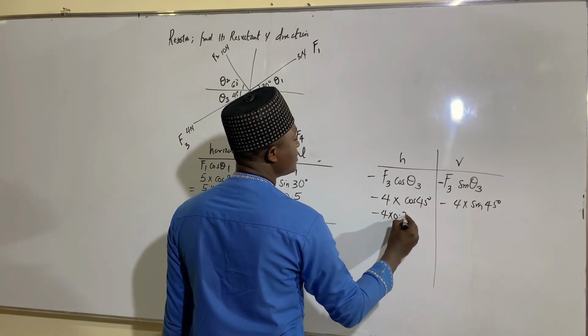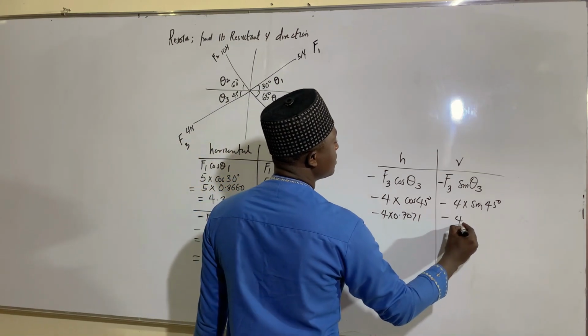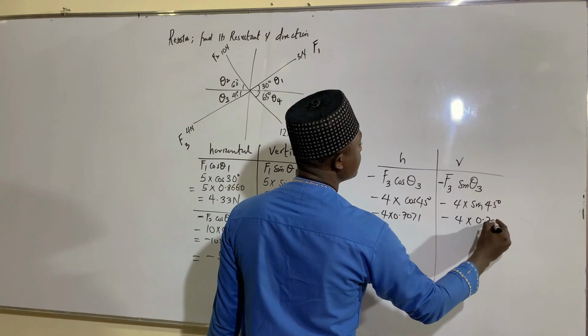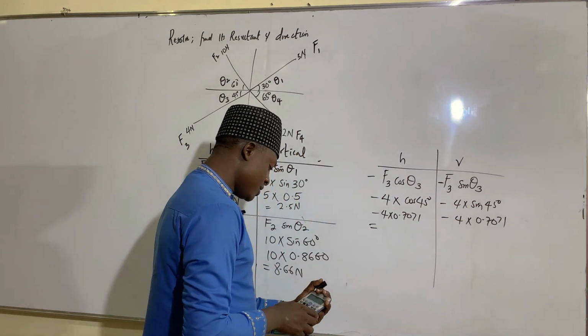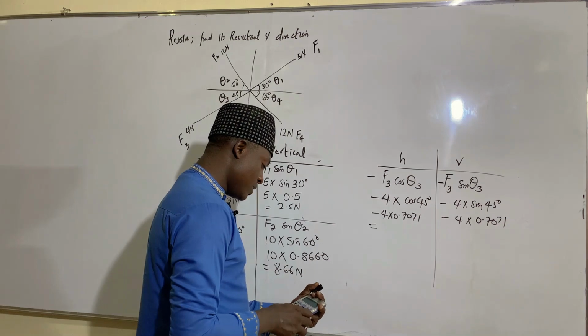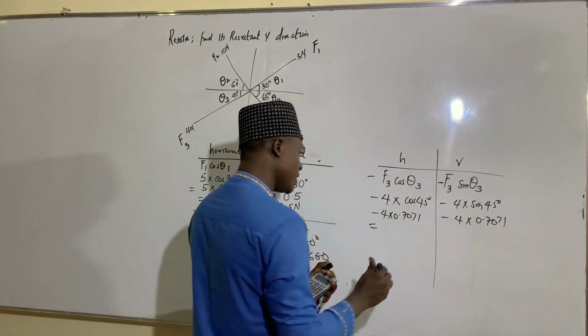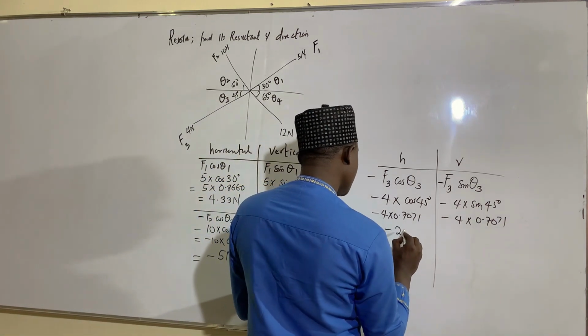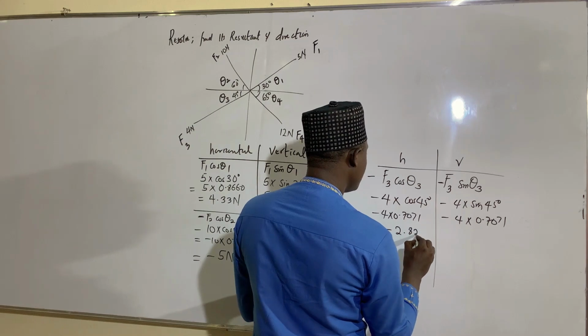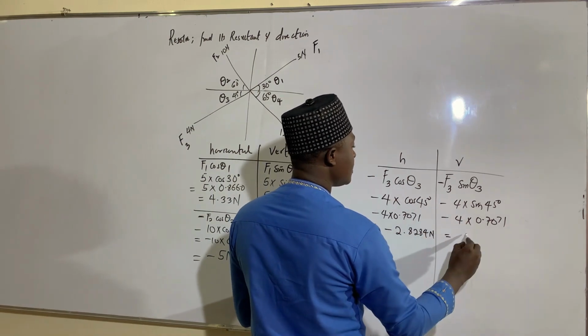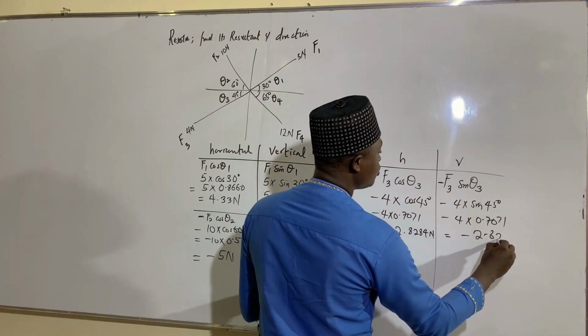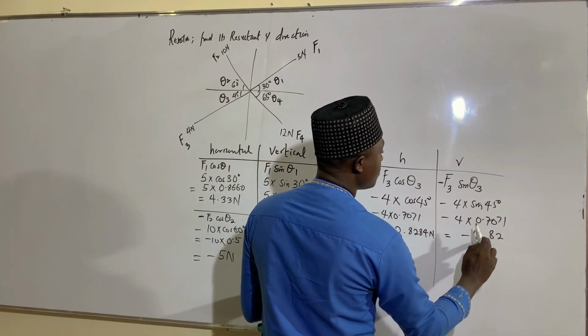So if I multiply this one together, 0.7071 multiplied by 4, here what I have is a minus 2.8284. So here too, we have the same because the two values are the same, minus 2.8284.